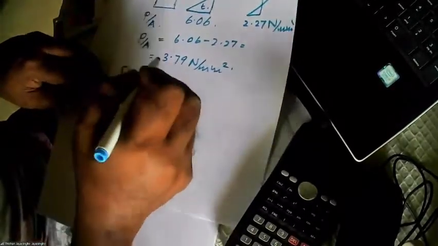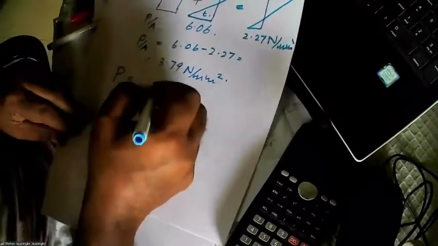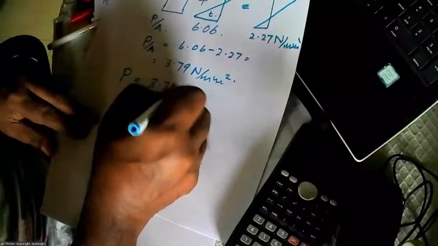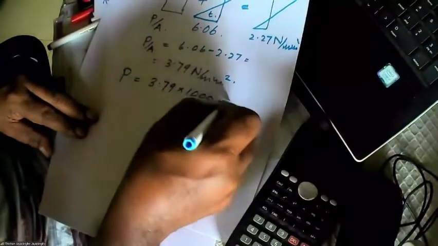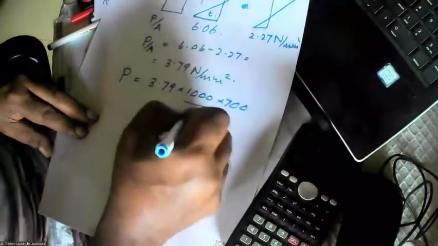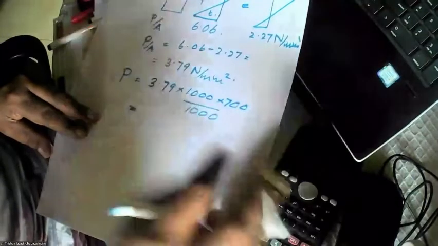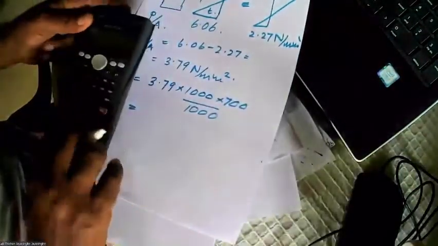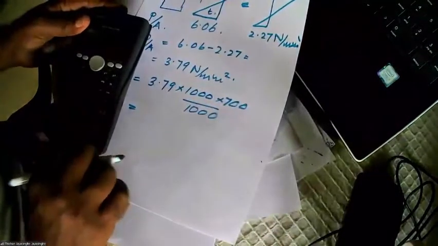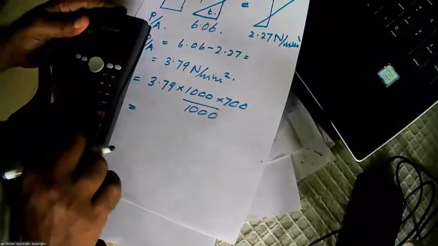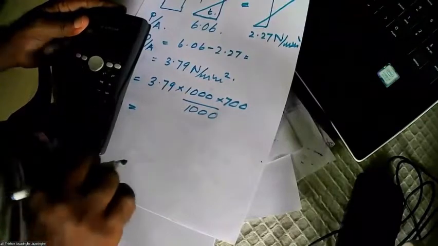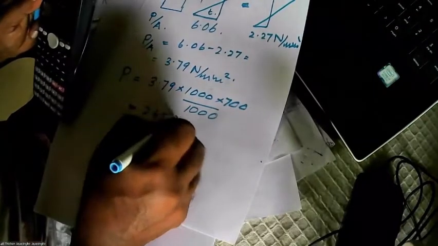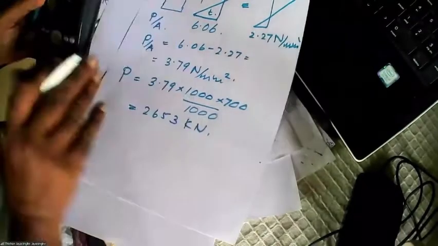P is equal to 3.79 multiplied by 1000 multiplied by 700 divided by 1000. So that is 3.79 multiplied by 700, which is 2653 kilonewtons.